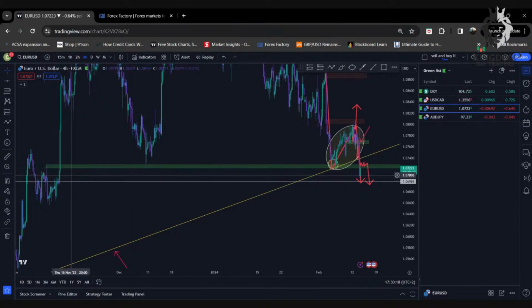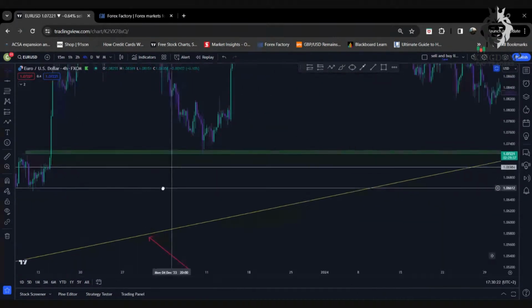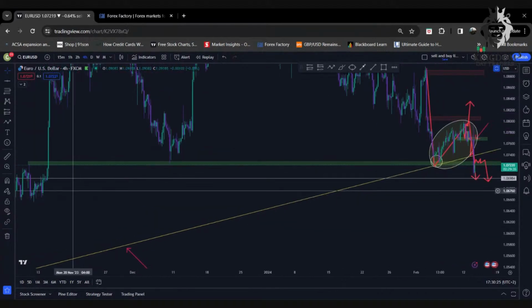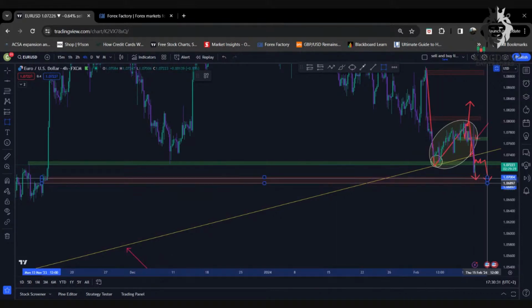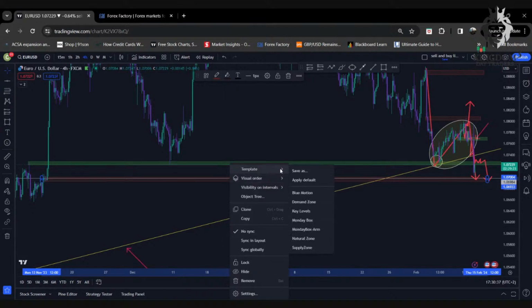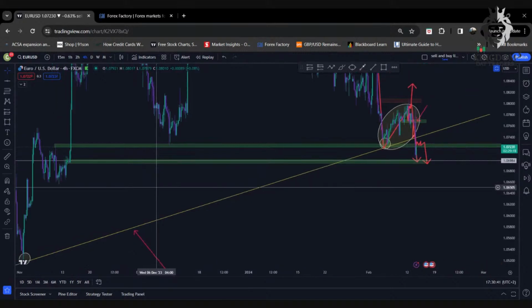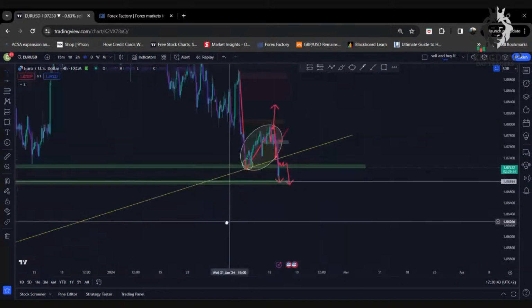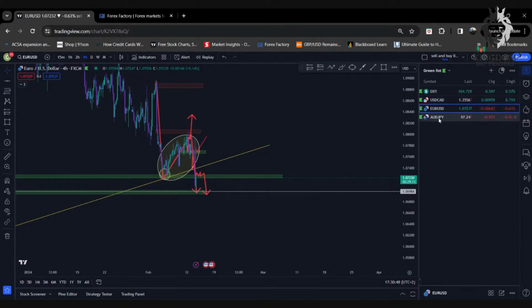So that's over there, and we can actually zoom in a bit just to get more emphasis on this particular demand zone. That's over there, and let's change this color to green, right? To indicate that demand zone. So there we have it on the Euro USD.